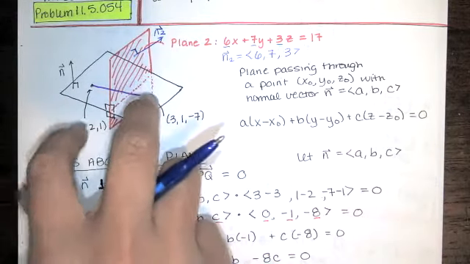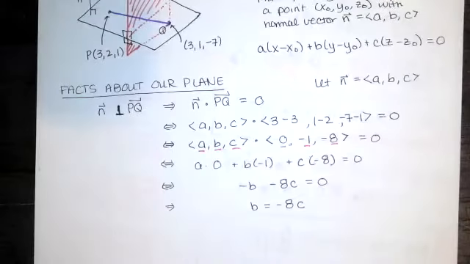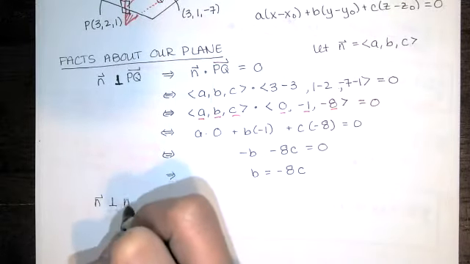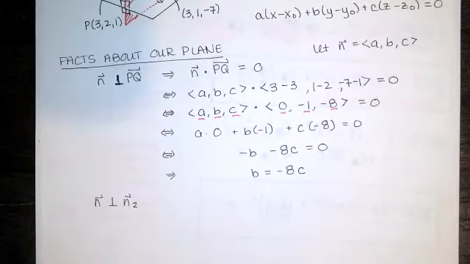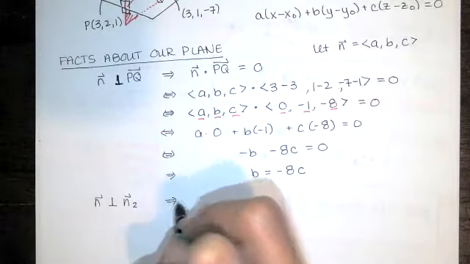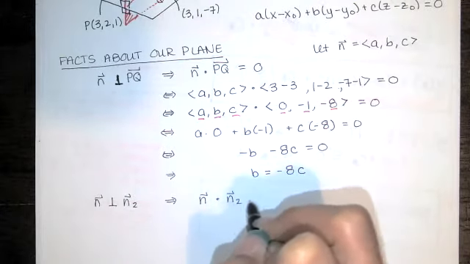Since we know the planes are perpendicular, the normal vectors are orthogonal to each other. So I can write that down: our normal vector is orthogonal to the normal vector of the second plane, and that means those two must have a dot product of 0 as well.